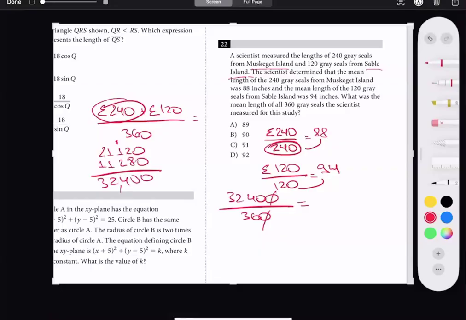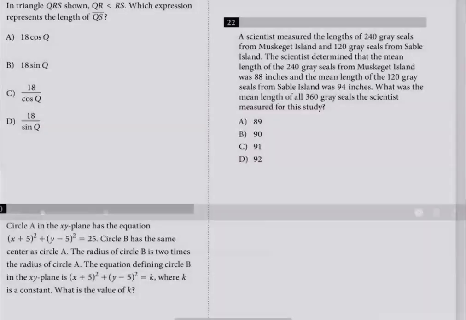The summation is 32,400. Okay. Yeah, it's 90. That's what I got too. Okay. It is. Yay.